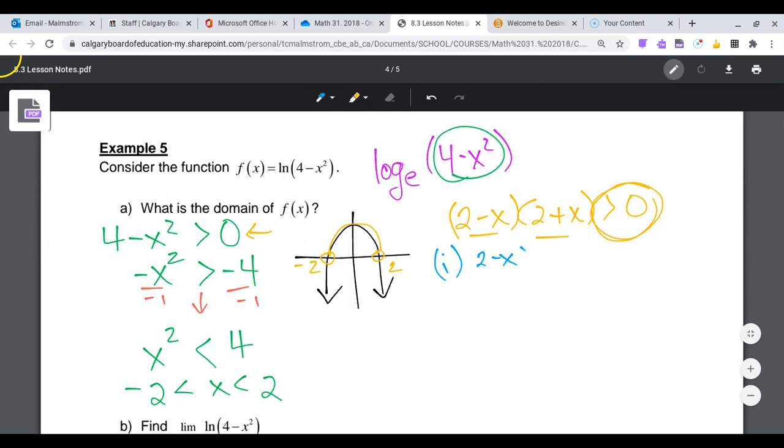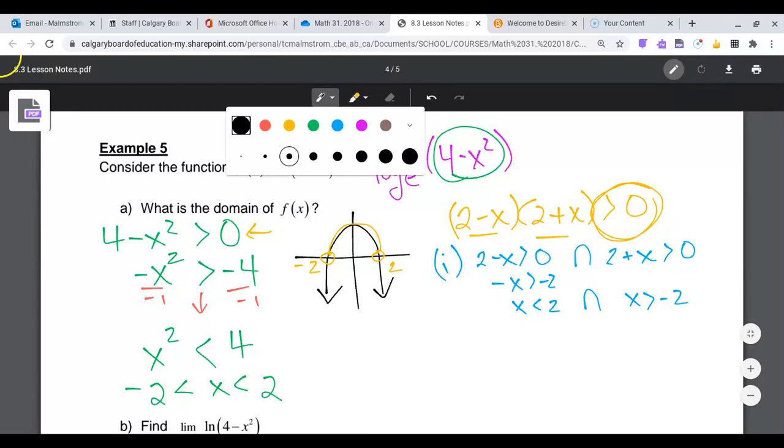So 2 minus x would have to be greater than 0, and 2 plus x would have to be greater than 0. So then negative x has to be greater than negative 2, so x would have to be less than 2. And at the same time, I need x to be greater than negative 2.